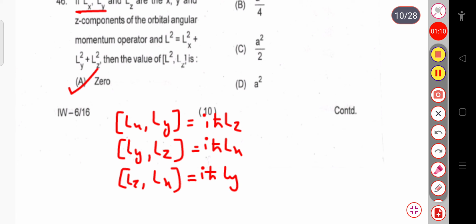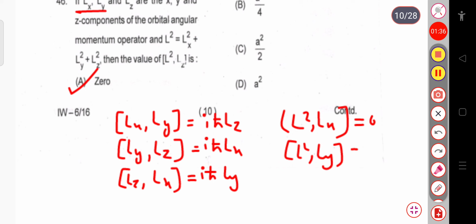That is in a cyclic order: x y then z, y z then x, z x then again y. And also the commutator of L square with Lx goes to 0, and similarly for L square with Ly the value is 0, and L square with Lz is also equal to 0.